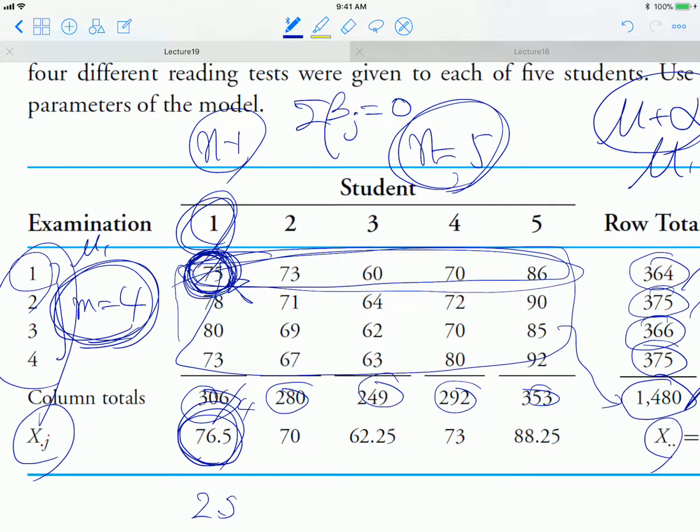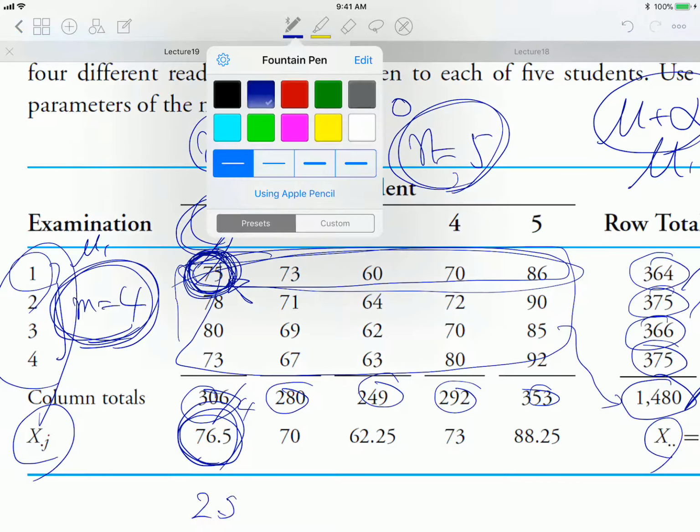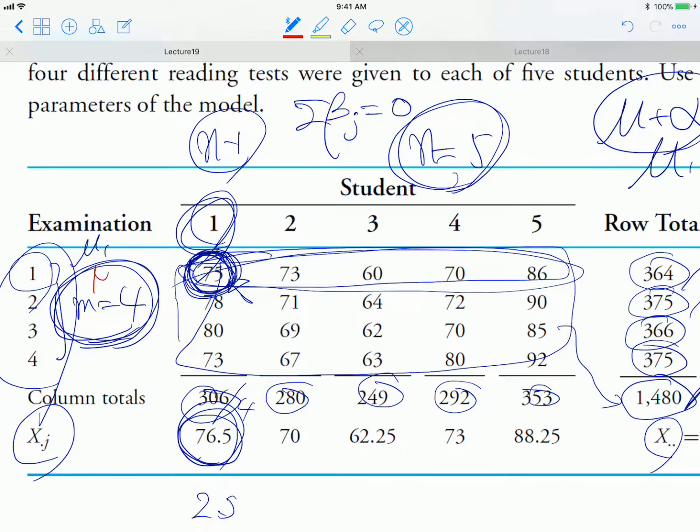We can easily think of such an example. Suppose the first factor is male or female, so we have these two levels, and the other factor is Korea and the United States.